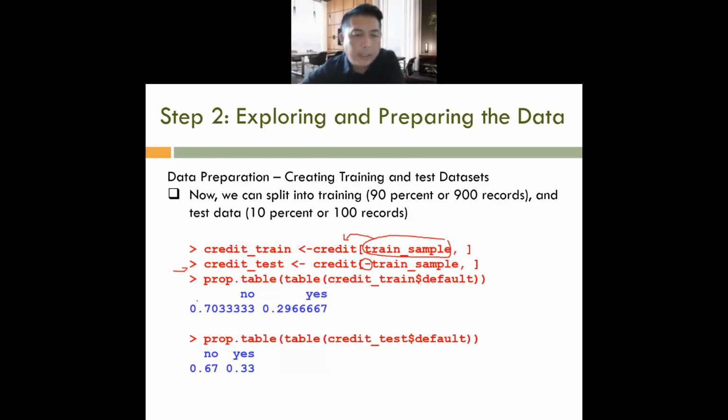When we look at the proportion table of your credit train, you still preserve the distribution of the data. Similar to the test, you still have more or less the same number of no's and yes's for the default value. So this is creating the training and test datasets.